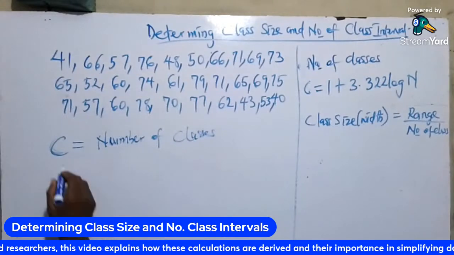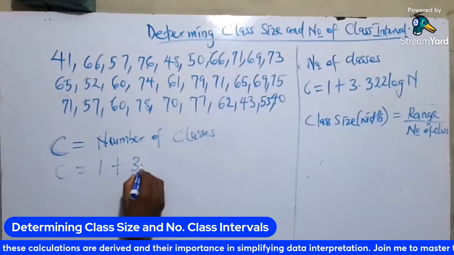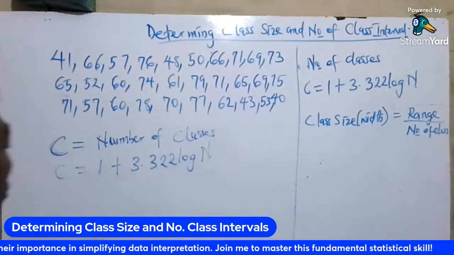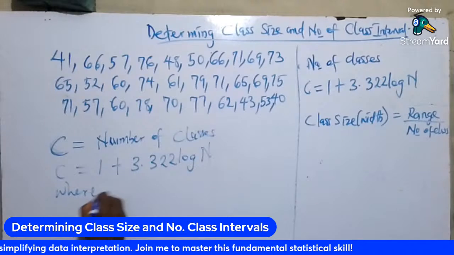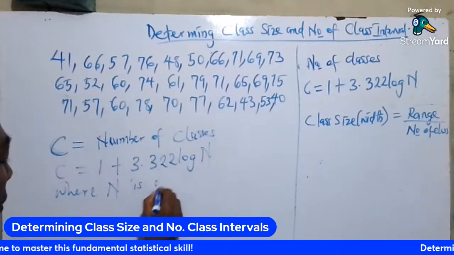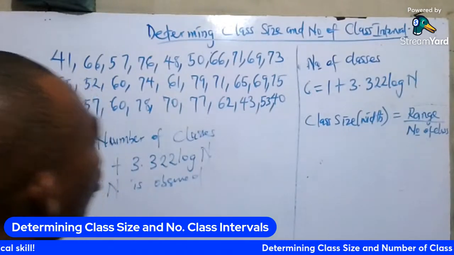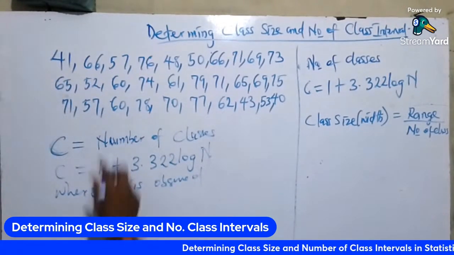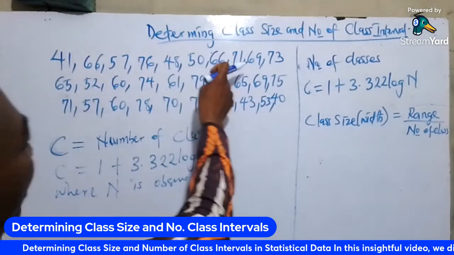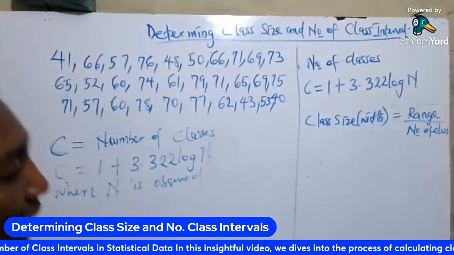So in determining that, C equals 1 plus 3.322 log n, where that capital N is the number of observed variables. So when we look at this now, our n, when I count this, 1, 2, 3, 4, 5, 6, 7, 8, 9, 10. 10 multiplied by 3, that is 30.